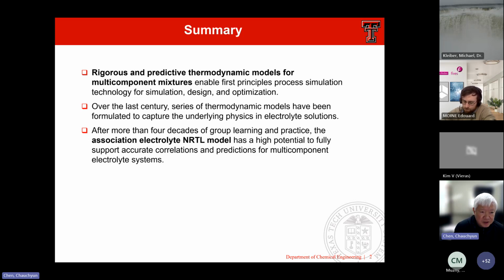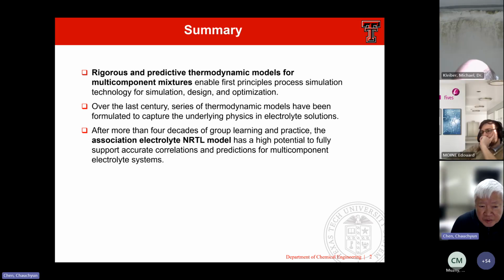Of course, we know over the past century, we have seen a series of thermodynamic models formulated, and they try to capture the physics of the electrolyte solution. And if we capture that physics, then we have a chance to do prediction reliably.